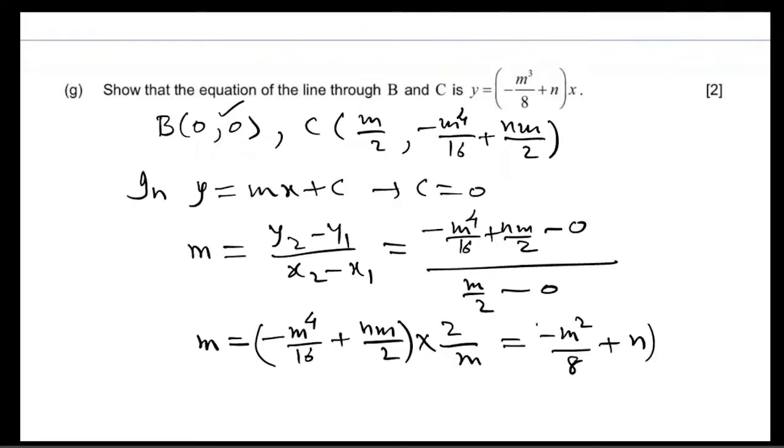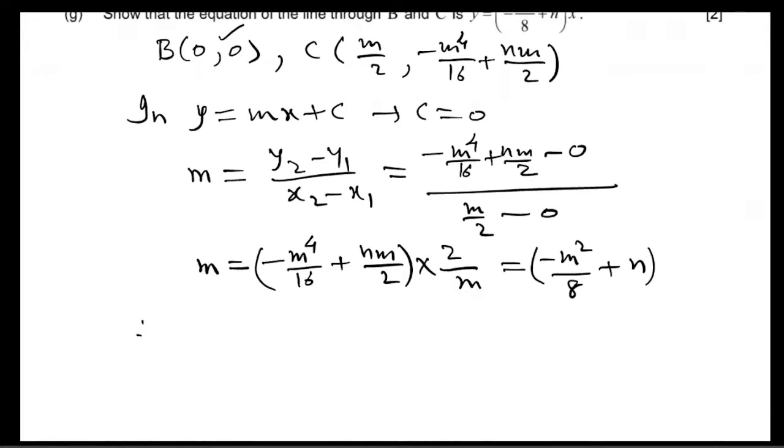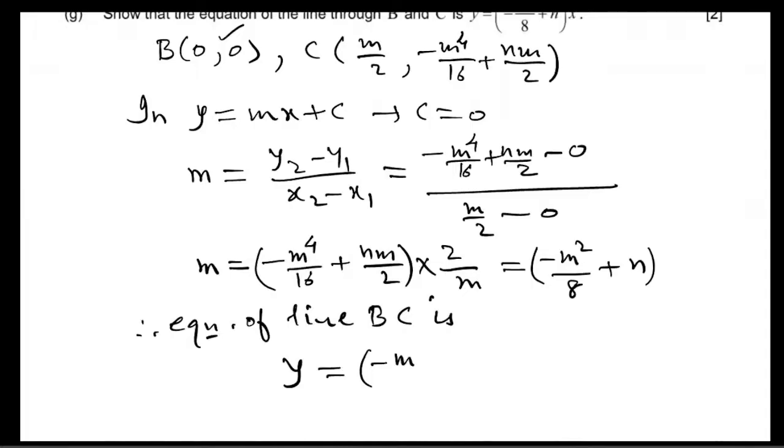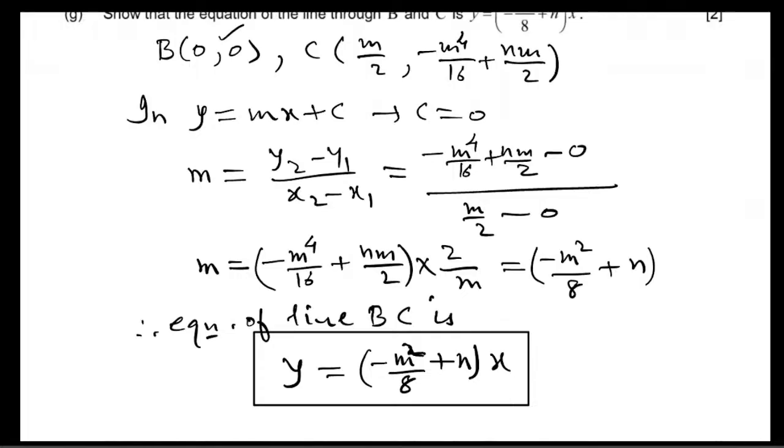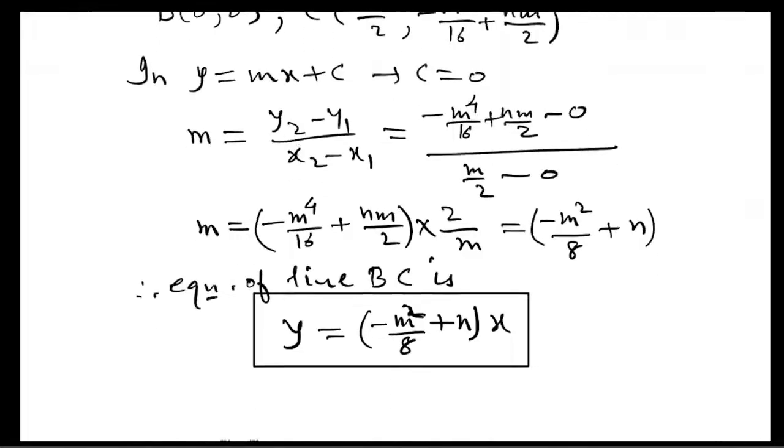This is the gradient. Therefore, the equation of line BC is y is equal to minus m squared by 8 plus n, times x. There will not be a y-intercept because it is passing through the origin. So like this we get the equation of the line BC.